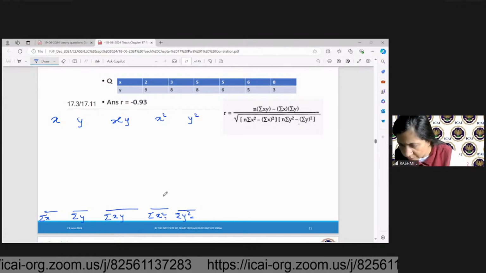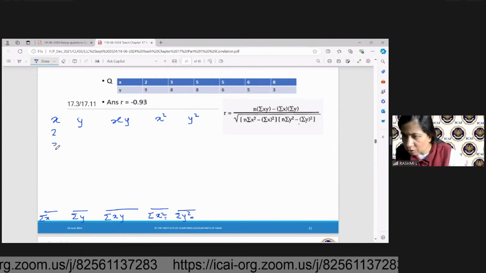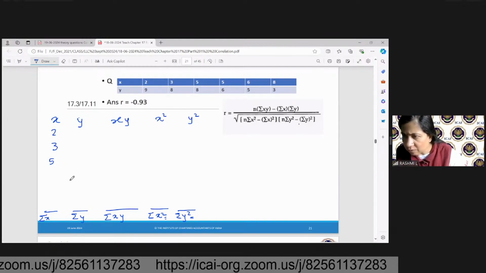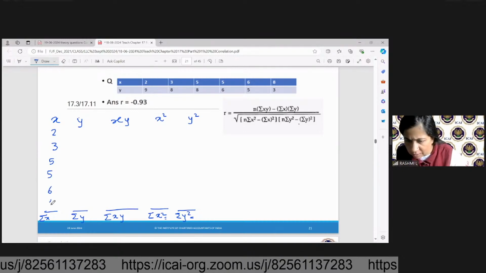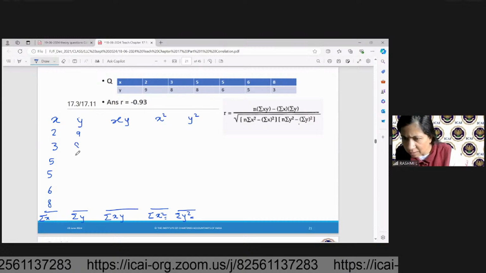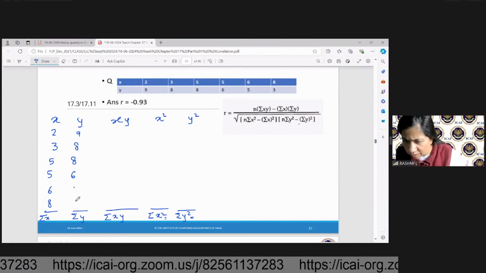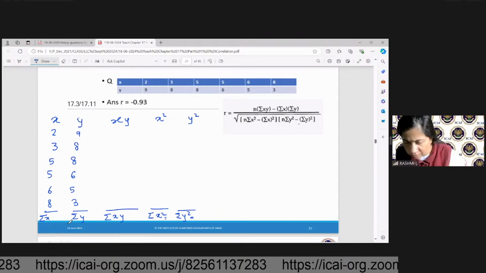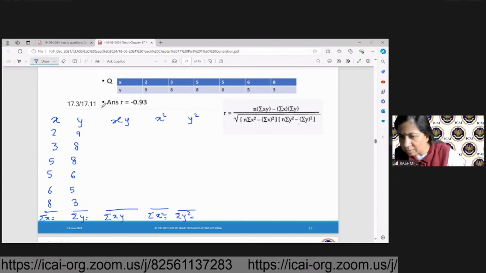Okay, so x is 2, 3, 5, 5, 6, 8, and y is 9, 8, 8, 6, 5, 3. Can I get the values here?